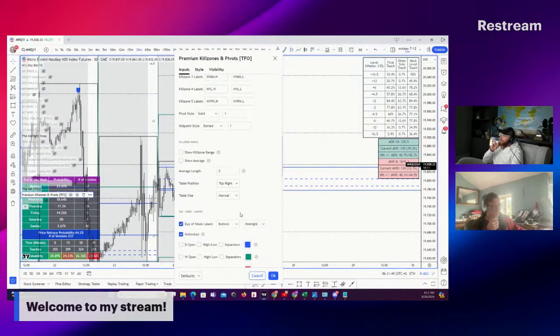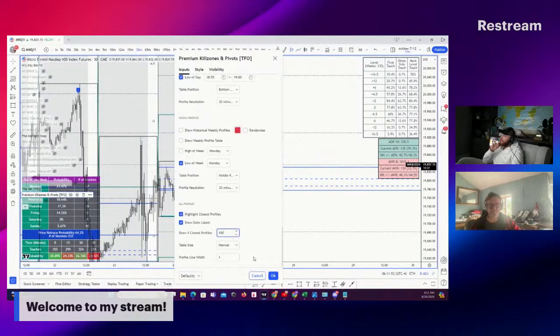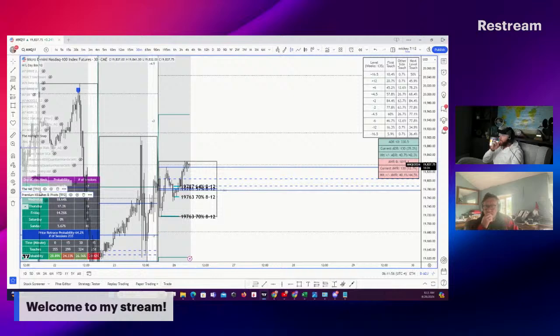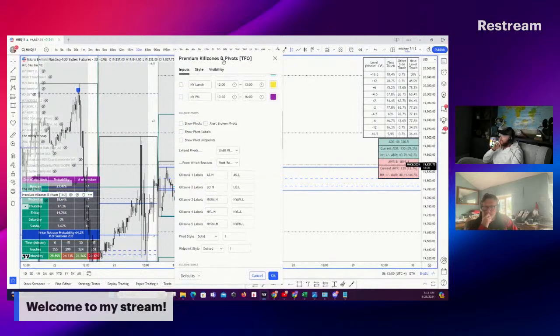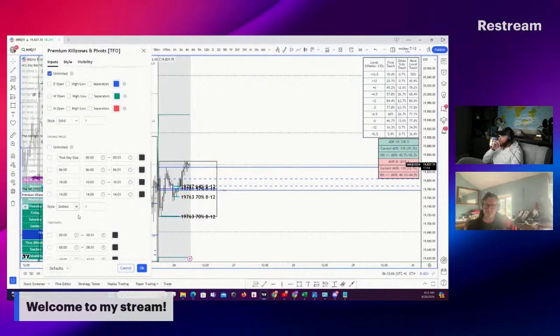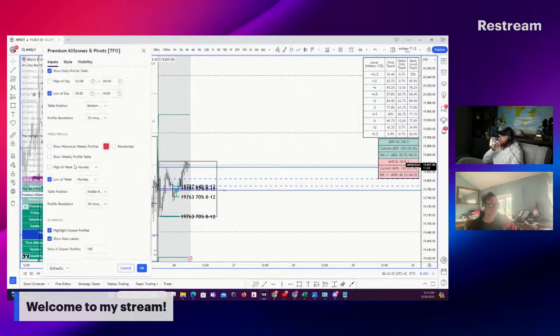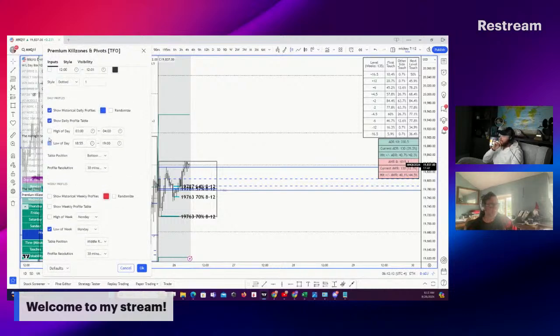All right, so this is supposed to be showing us. There's so many stuff. All right, that's 100. And so now, let's say that let's see what the high of the day is. Let's say that the high of the day is at 5:30, because that's what the high is currently, and see if there's any profiles that represent that.